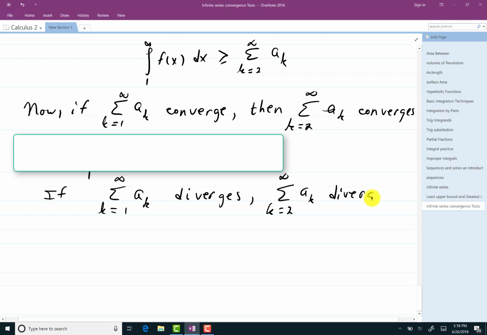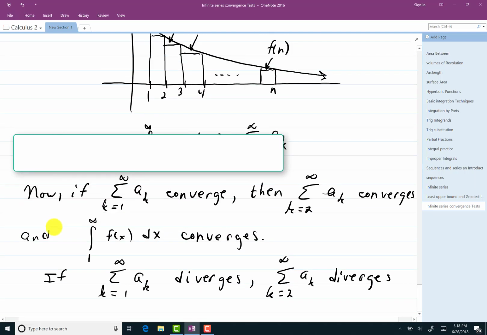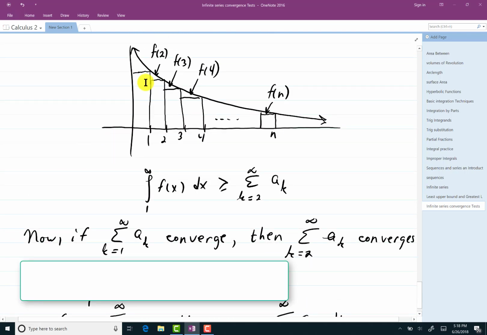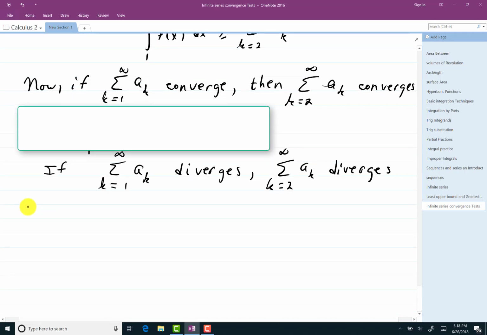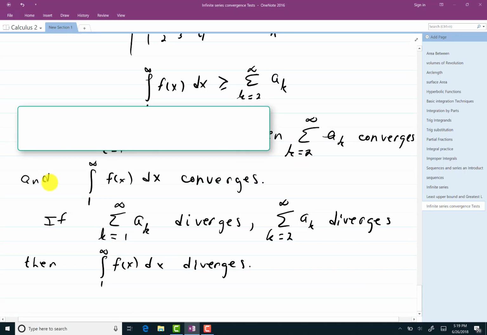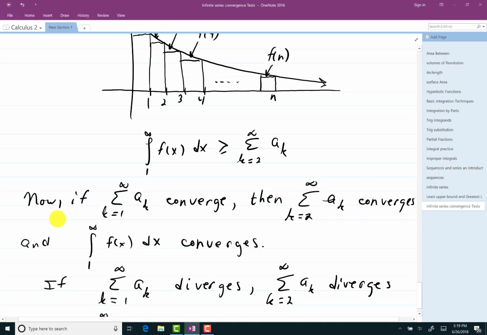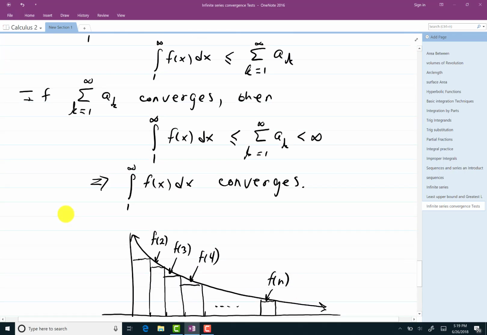So if that diverges, then these terms add up to infinity, which would force the integral to be infinite. So in all these cases, what I've shown is, suppose the series converges right here.